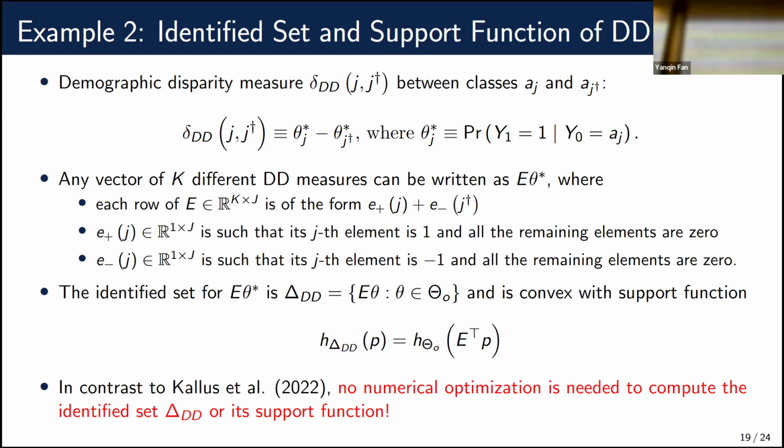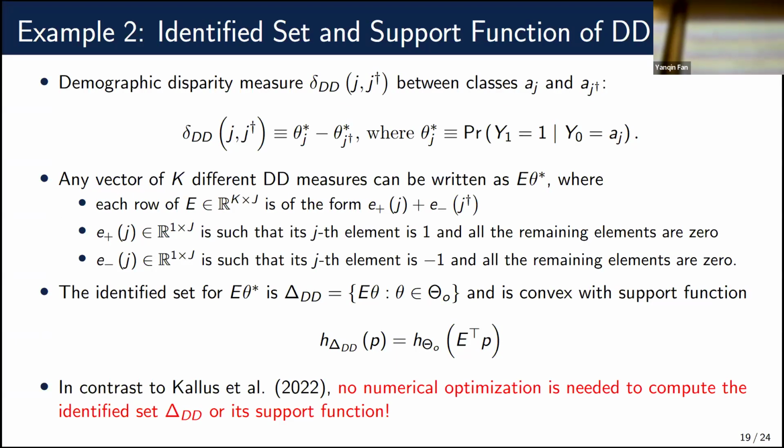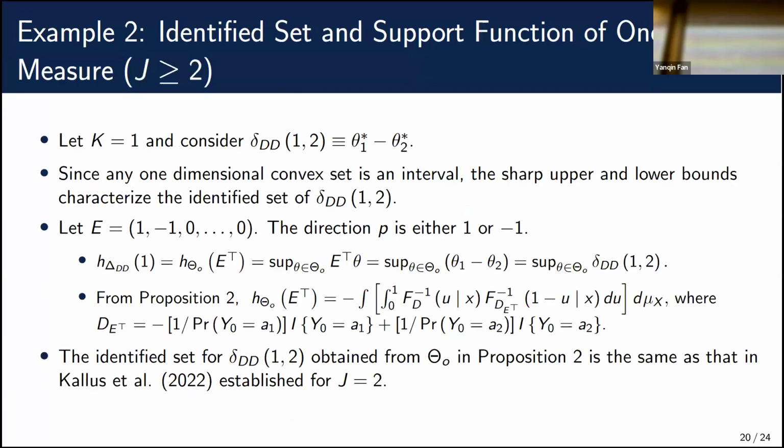And in fact, an interesting exercise we did is, we use our result, here the support function, to compute the lower and upper bound for one DD measure. Okay? You look at it, the expression in fact looks very different, but essentially they reduce to what Callis derived.